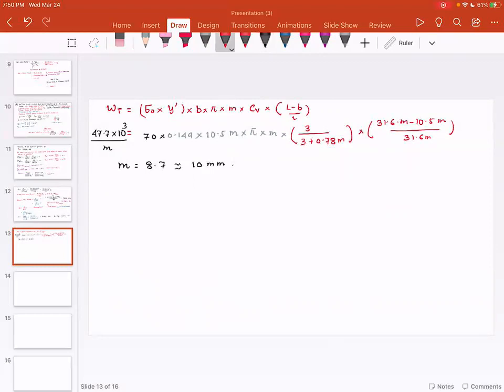So the module is approximately 10 millimeter. The face width is 10.5 times 10, which is 105 millimeter. The PCD of gear is equal to 10 times 60, which is 600 millimeter.